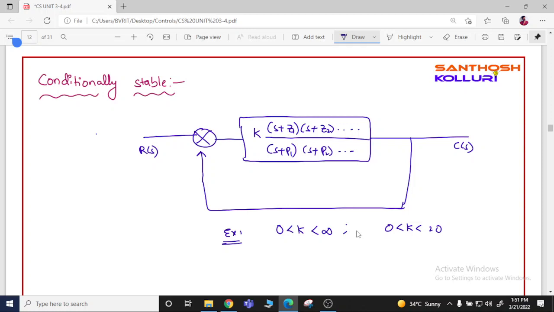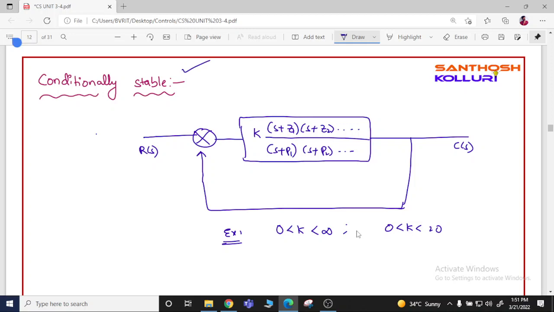If the system is stable for all the values of gain k, this is called an always stable system. If the system is stable for only certain values of the gain k, then the system is called a conditionally stable system. Most of the practical systems are conditionally stable systems only.